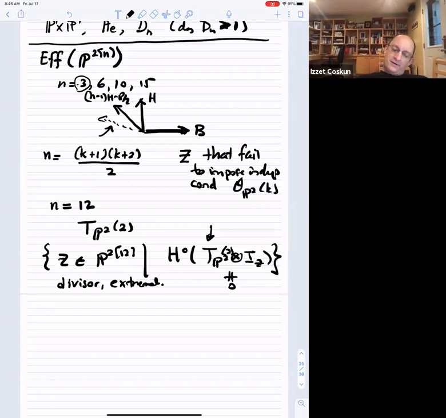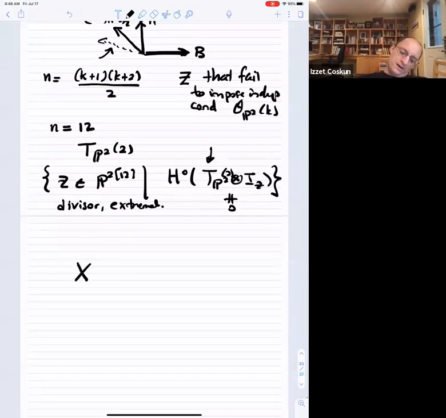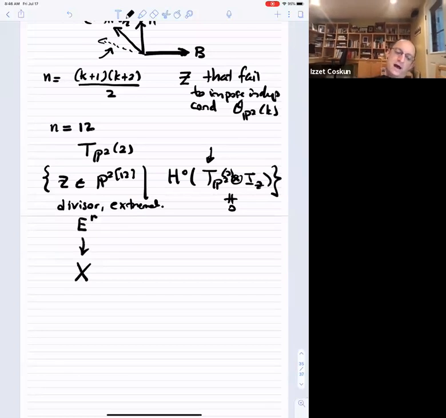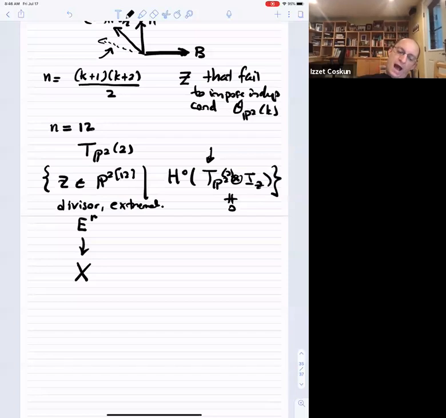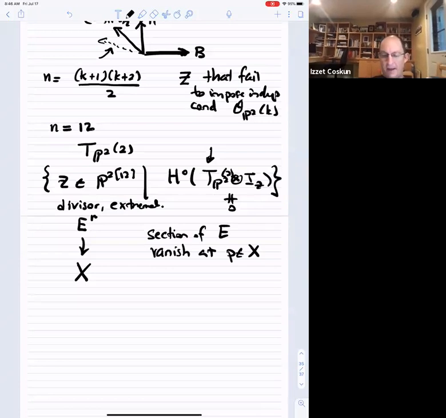Now, if you have a rank 2 bundle, or more generally, let's just say it like this. Suppose that you have X and you have a rank R bundle E. Now, if you ask that a section of this E vanish at the point P in X, you would expect that to be R linear conditions.